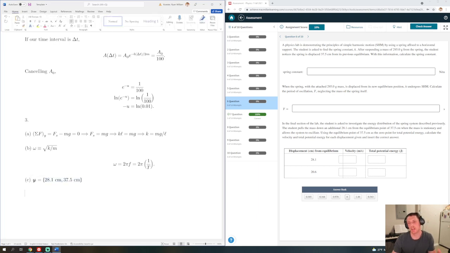However, we will have a negative gravitational potential energy here, right? Because we're taking the equilibrium position of the spring to be at 37.5 centimeters below where it's suspended, and then we pull it down even more, right? So your expression for the gravitational potential energy will be something like negative mgy.